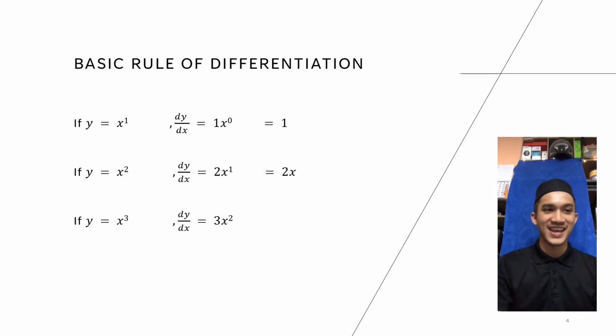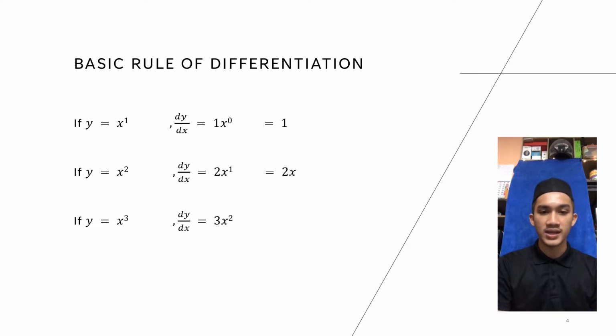Basic rule of differentiation. If y equals x power of 1, dy over dx equals 1 x power of 0, equals 1.